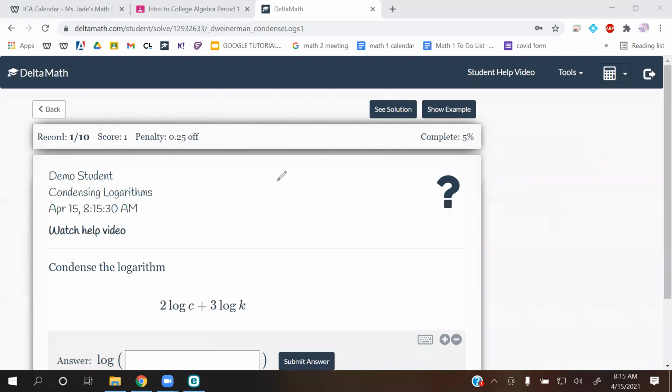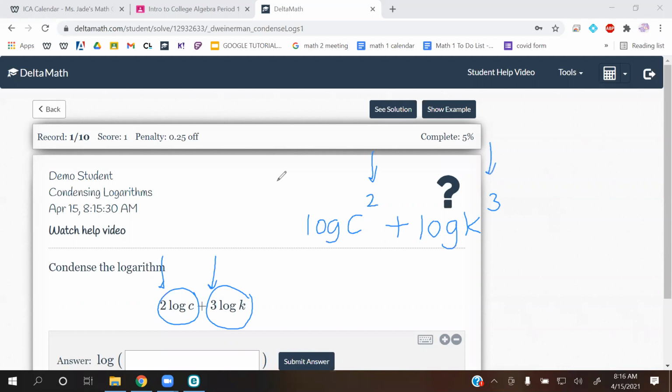For the 2 log C, this portion becomes log C to the power of 2, so log C squared. And then we have a plus. And for the 3 log of K, it's now log K to the power of 3. So that number that was multiplied in front just becomes the exponent now.